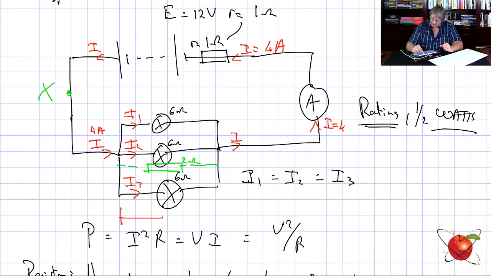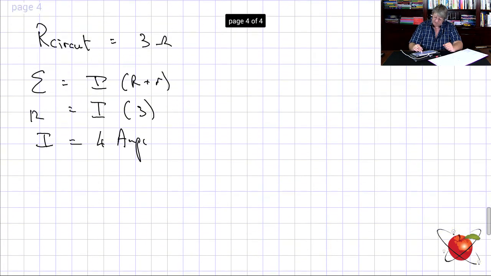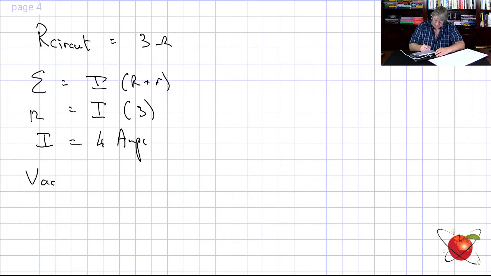Let me just do this in a different color, let's do it in blue, right? I can work out V over there. I've got the R and I've got the I. Okay. So therefore, let's look at V across parallel. Look how I spelled across.